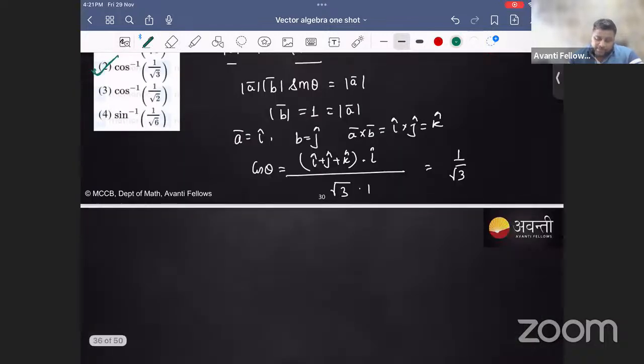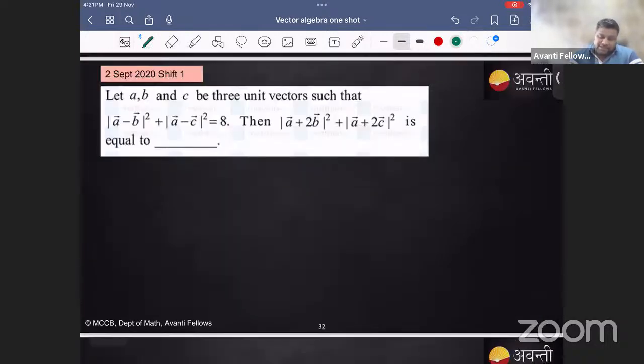Now let's go. Try this one. A, B, C are unit vectors such that magnitude of A minus B whole square plus magnitude of A minus C whole square is 8. Find the value of magnitude of A plus 2B whole square plus magnitude of A plus 2C whole square.